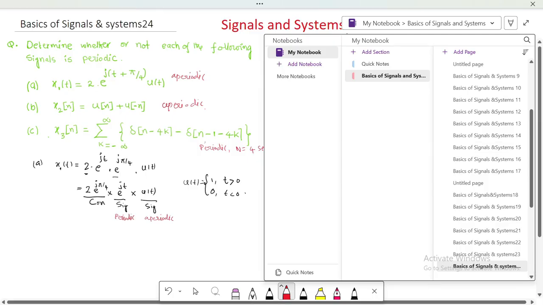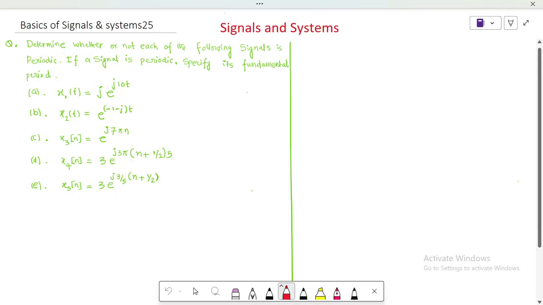Next problem. Determine whether or not each of the following signals is periodic. If a signal is periodic, specify its fundamental period. The first one is a continuous signal, x1 of t equals j into e power j into 10 into t. There is no problem. In continuous time it is a periodic signal, no doubt.